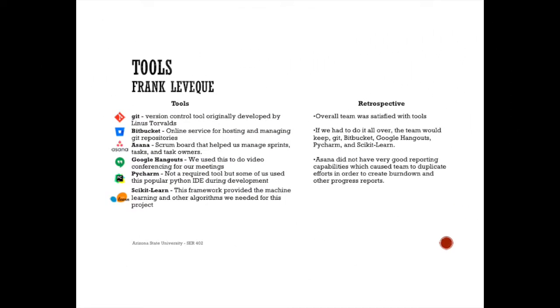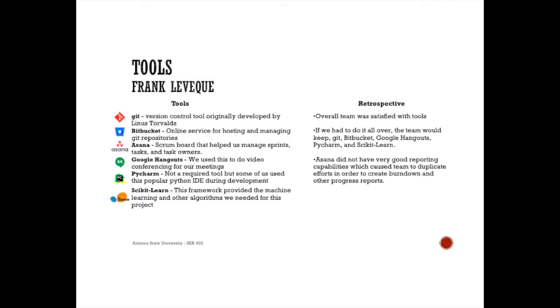Hello, this is Frank Levesque, and I will be talking about the tools we use for this project. For communicating between team members and figuring out what to do, we use Slack. For tracking our sprints with the Agile Scrum methodology, we use Asana.com. For face-to-face webcam, voice, and video conferencing, we use Google Hangouts.